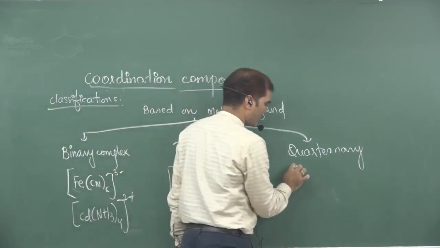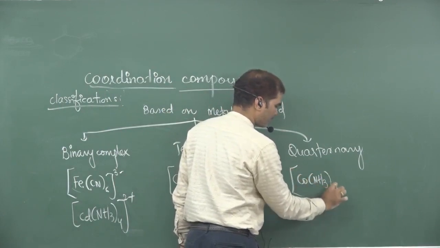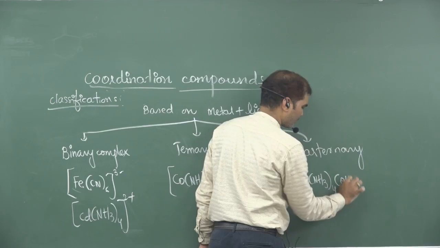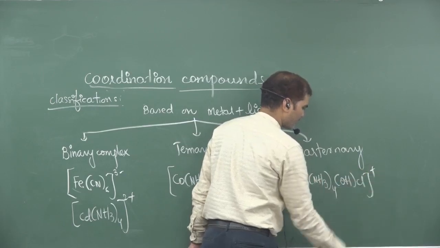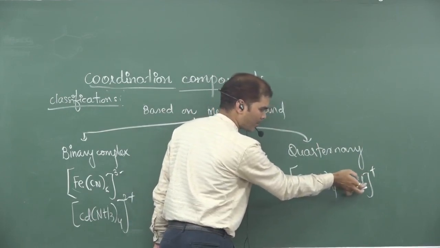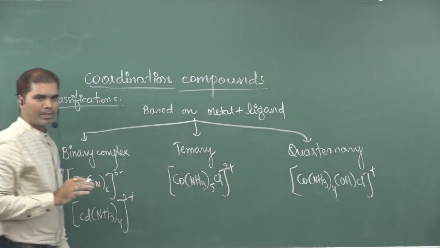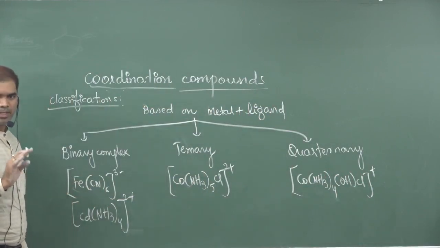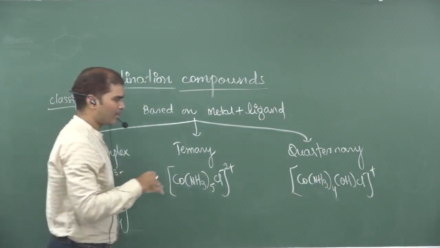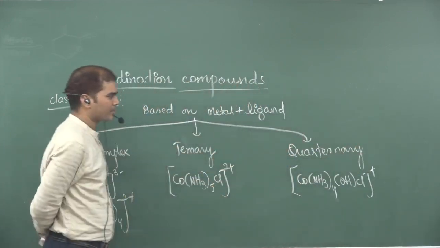So what could be an example? One metal, three different types of ligands. So 1 plus 2 plus 3 plus 4, quaternary. Binary and ternary complexes are more common, but quaternary or quinternary, they are very less.